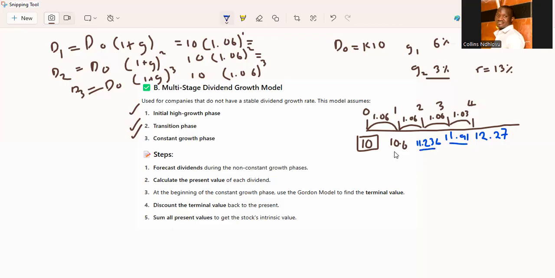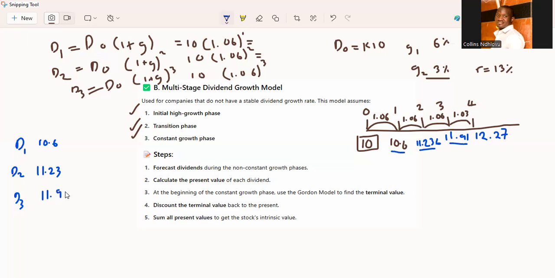For these phases, we're going to discount each of these. Dividend for year 1 is what? 10.6. Dividend for year 2 is what? 11.23. Dividend for year 3 is what? 11.91.